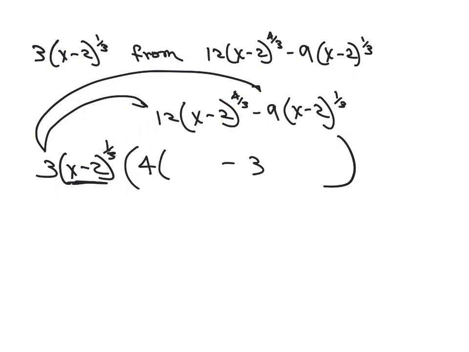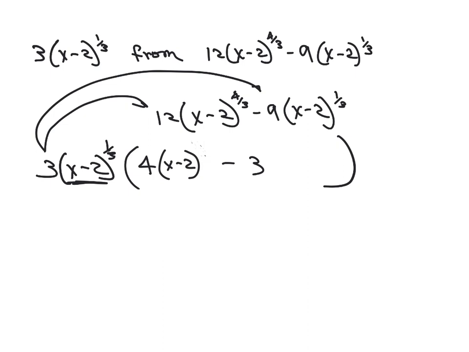So this ends up being x minus 2 to the 3/3 power, which is the same as 1, right? So we don't even have to show that up here. So that's not too terribly bad.